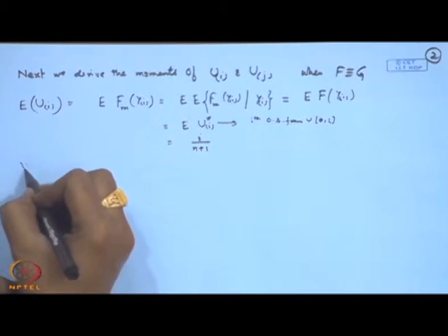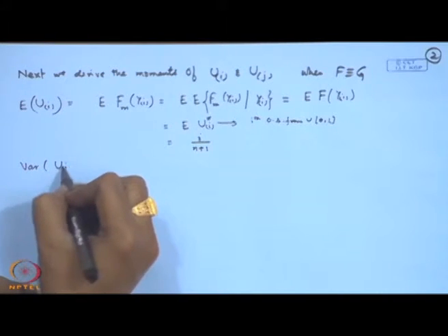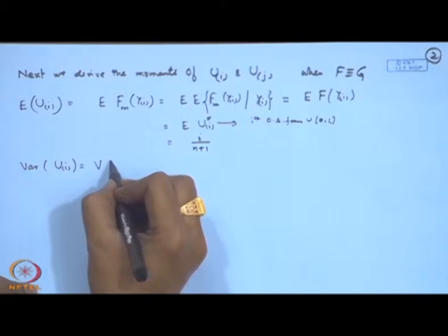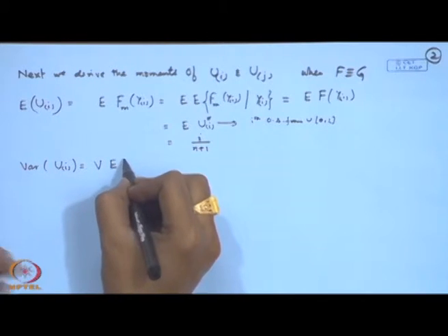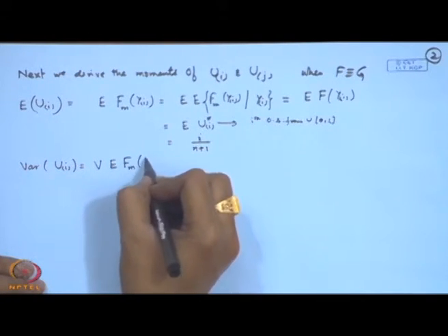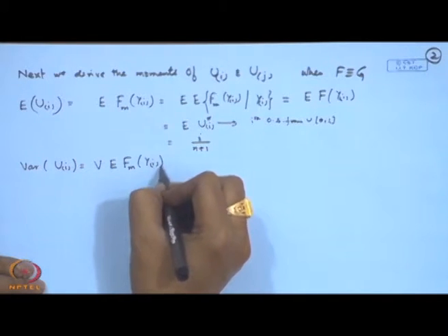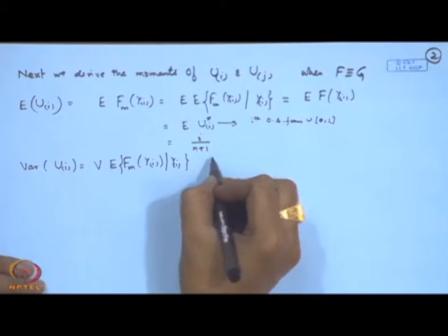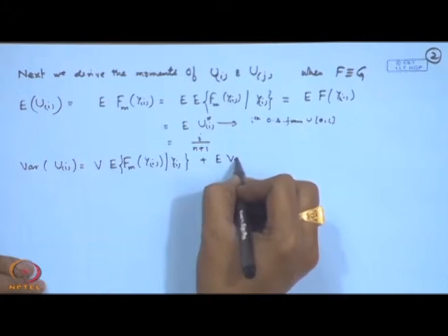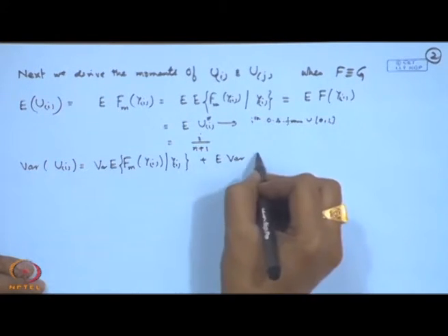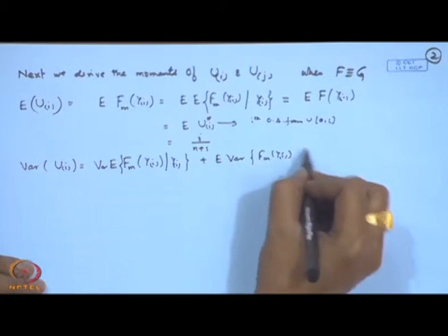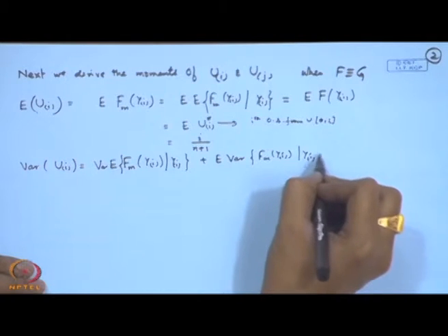Similarly, if I consider the variance of U_i, we can write it as the variance of the expectation of F_m(Y_i) given Y_i, plus the expectation of the variance of F_m(Y_i) given Y_i.